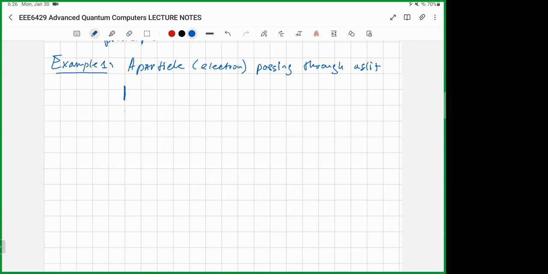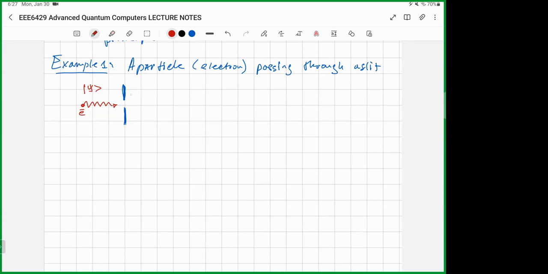I assume that I have a slit in a screen, and this slit is very small, and then one single electron comes to my screen, and as we just said, I represent the state of this electron using this psi vector state.